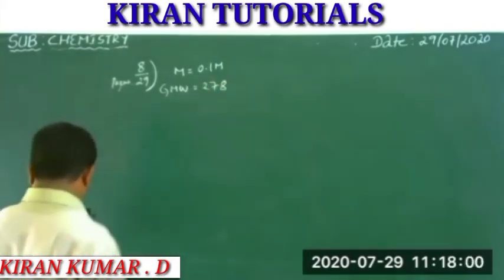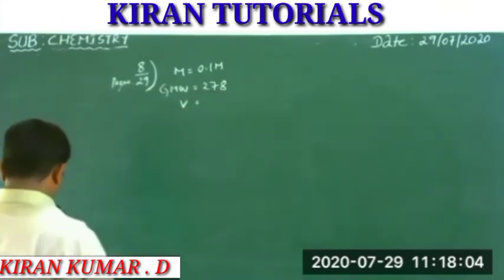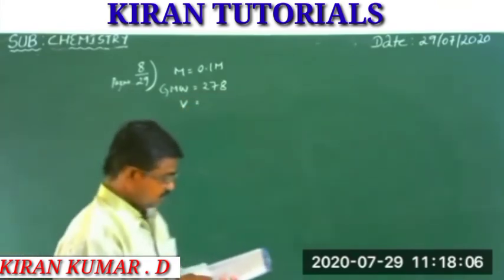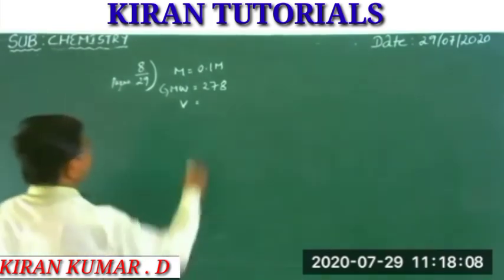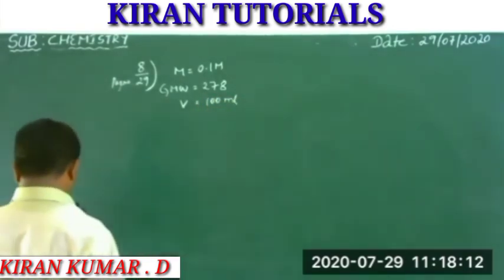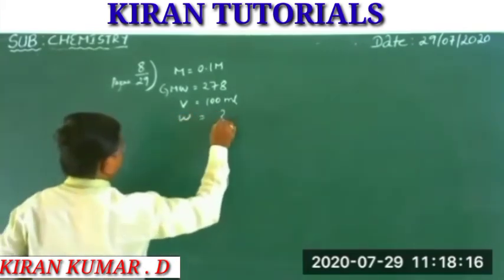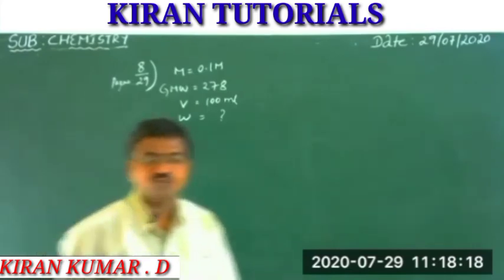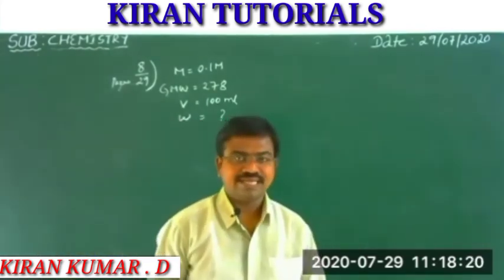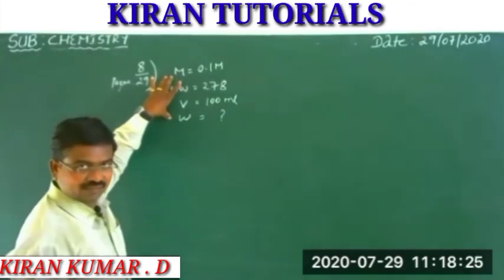Then volume also present. What is the volume? 100 ml. So V is 100 ml. Then we have to find out W is equal to question mark. We have to find out weight of the solute. So these are the data present in the question.